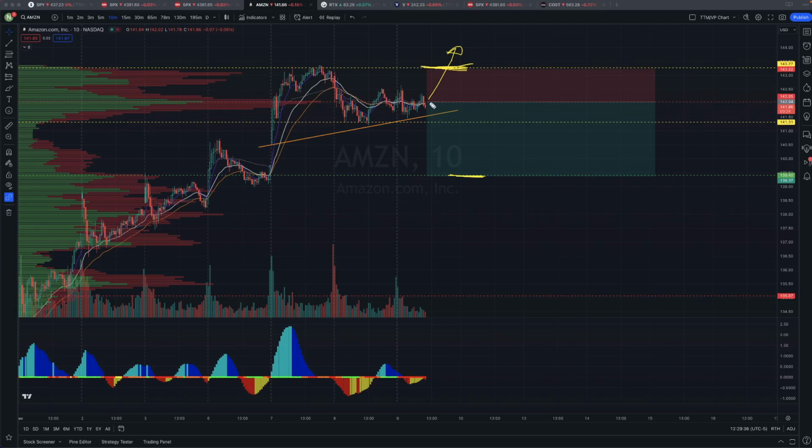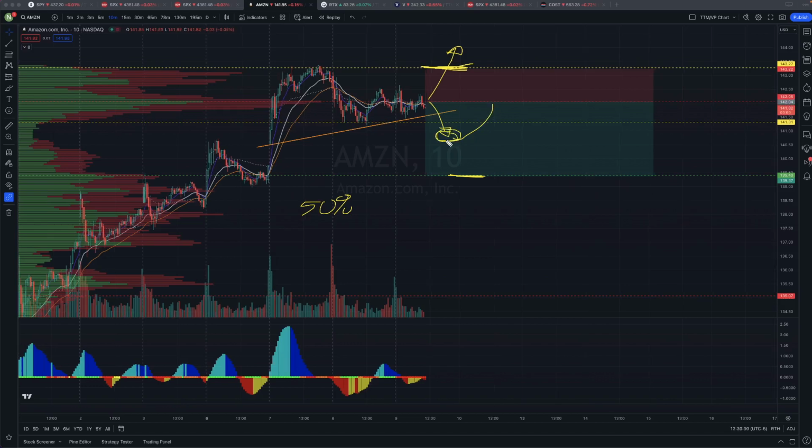Problem number two, and this is sometimes the very same problem: it goes the way I want it to, and I see 50% in my P&L, and I go, I'm taking 50% because the last trade I had 50%, and then it started going against me again, and I don't want to waste that 50%.